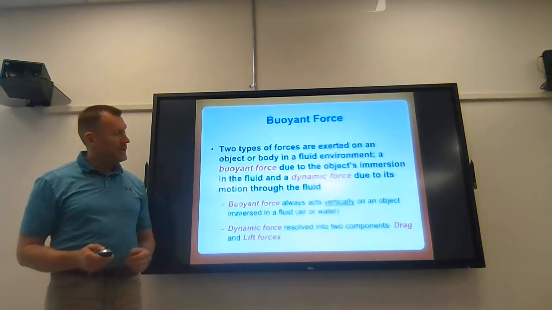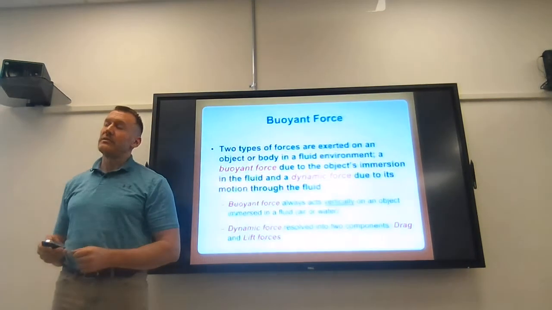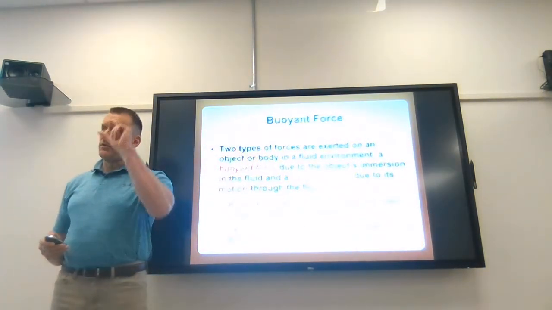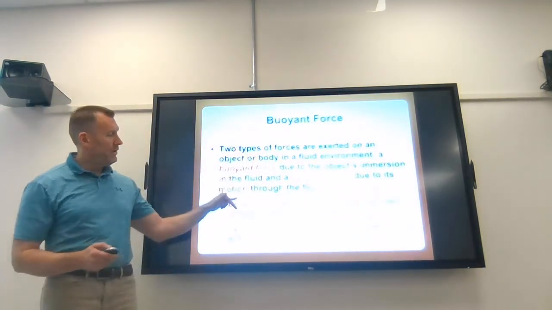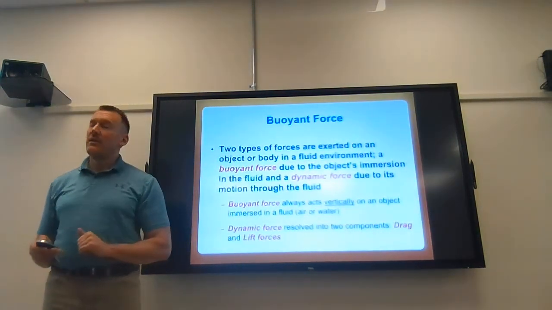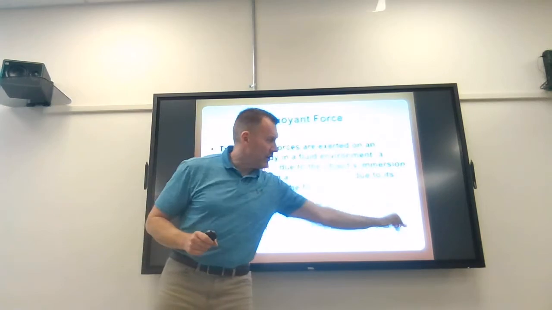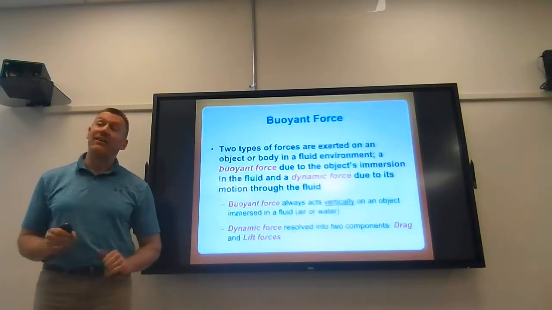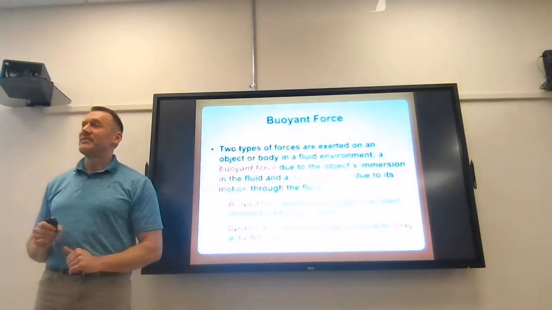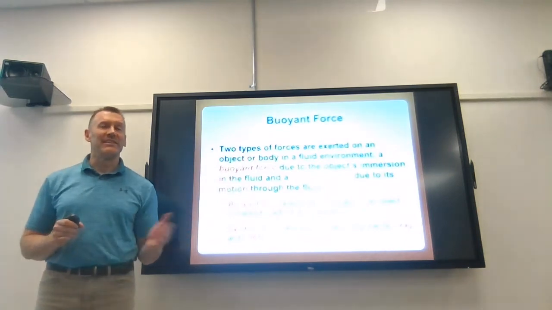The dynamic force is resolved into two components. So we have a buoyant force and a dynamic force. The dynamic force, in addition, has two parts. We call it drag and lift. Think of an event like the javelin.